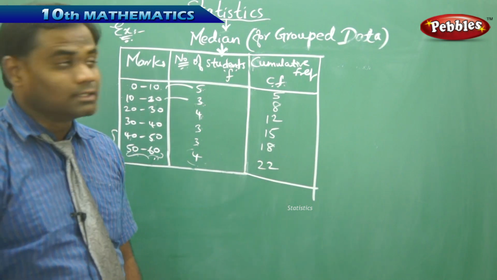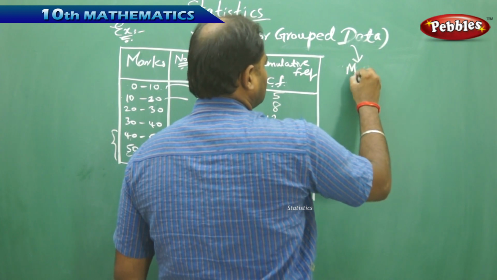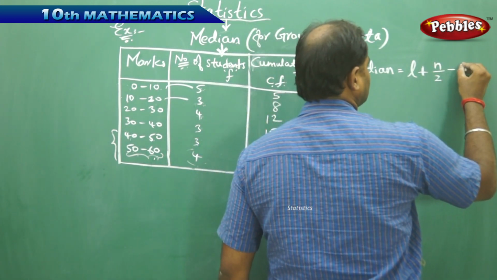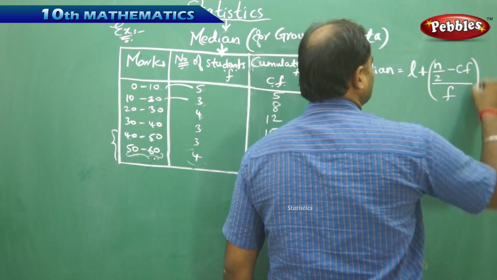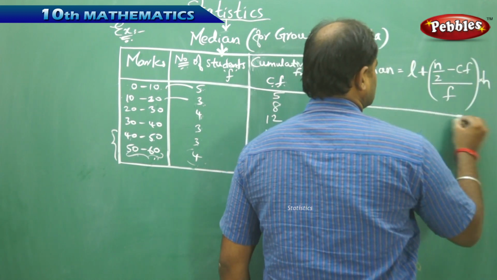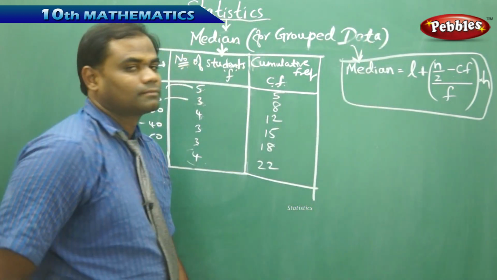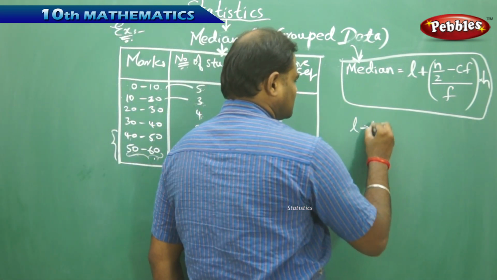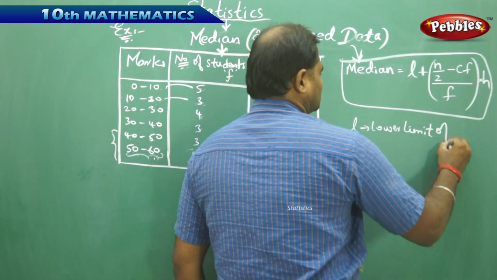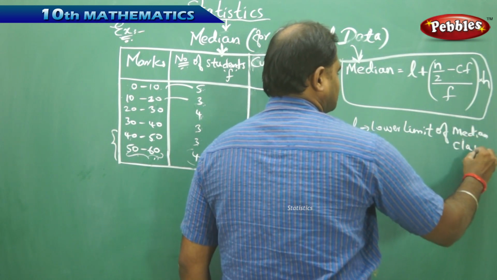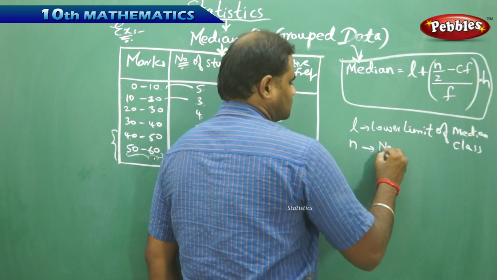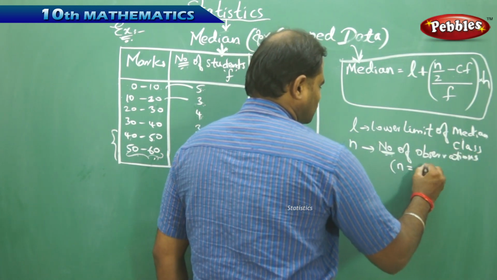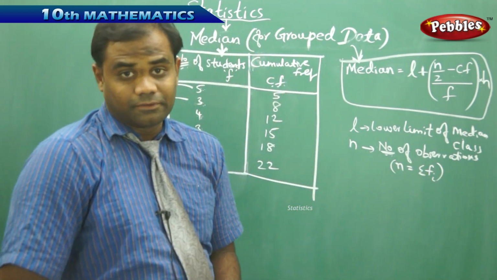So this is how I find the cumulative frequency CF. Once I find it, the formula for the median of grouped data is given by median equals L plus n by 2 minus CF by F into H, where L is the lower limit of the median class and n is the number of observations, which for grouped data is sigma fi, that is the sum of all the frequencies.